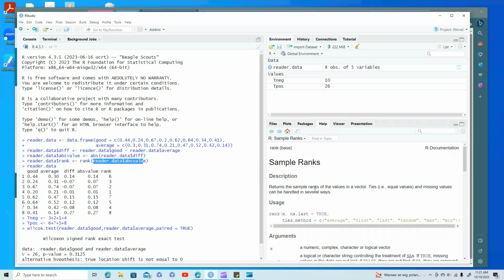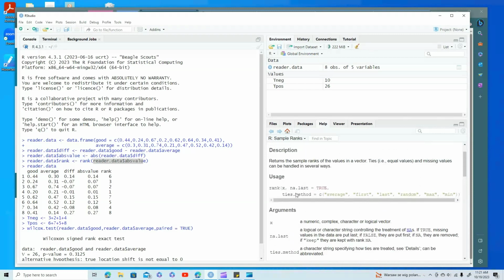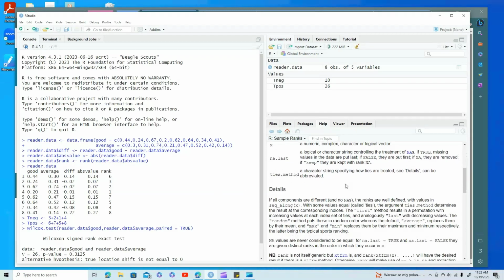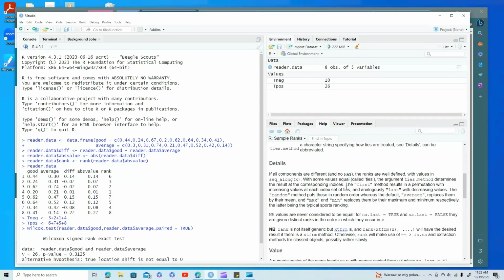6321758. Now, in ranking, you can determine the ties method of average, and I have seen it do 2.5, 2.5, right? Because these are actually tied, and you should get 2.5 and 2.5 here. The default method is average, which replaces them by their mean.